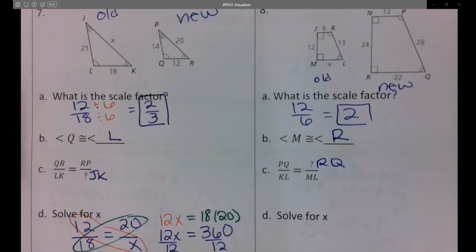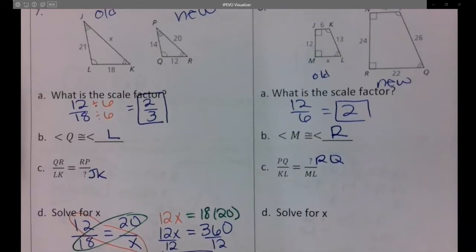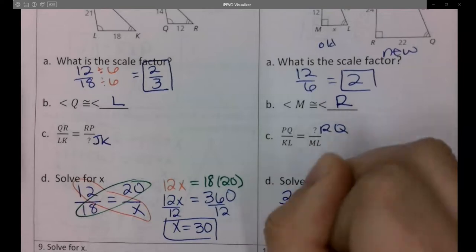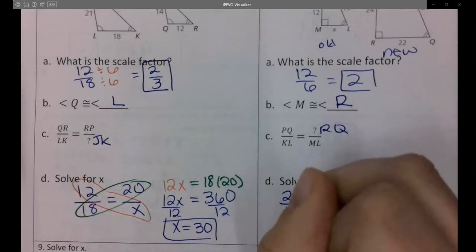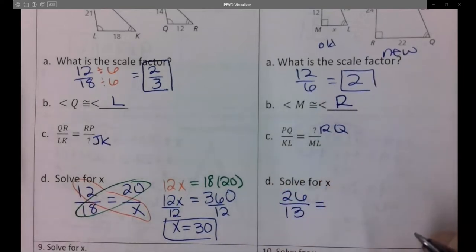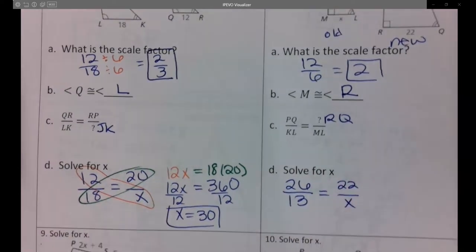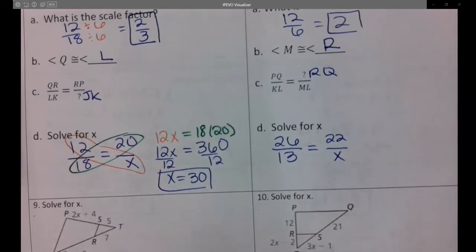For D, I can go ahead and plug in my values for my scale factor. So PQ is 26, KL is 13, RQ is 22, and ML is X. So I again want to cross multiply.